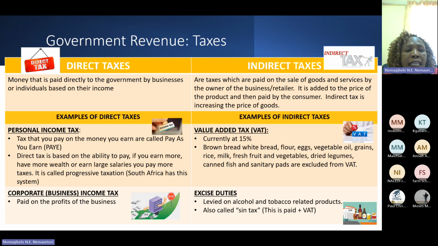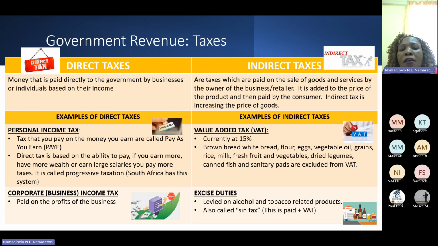The second direct form of tax is the corporate business tax, which is paid on the profits that are made by the businesses. Meaning, in the case of the personal income tax, the income tax is going to be different according to the incomes that are earned by the citizens, whereas in the case of a corporate income tax, we have a fixed percentage that businesses are supposed to pay.